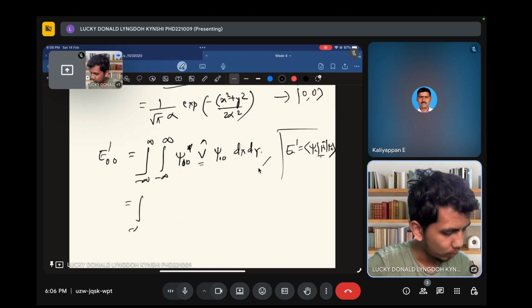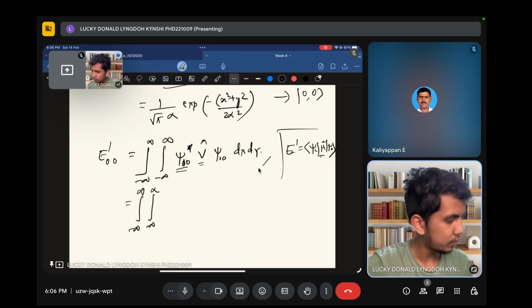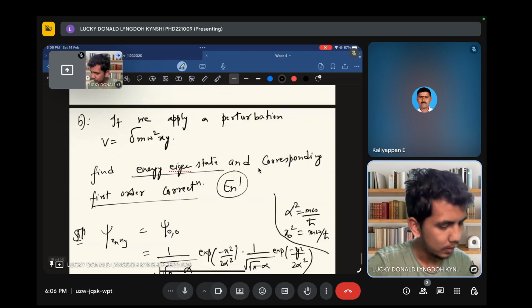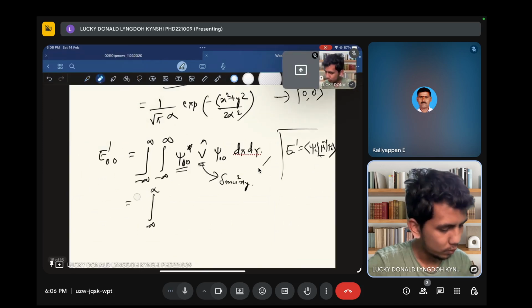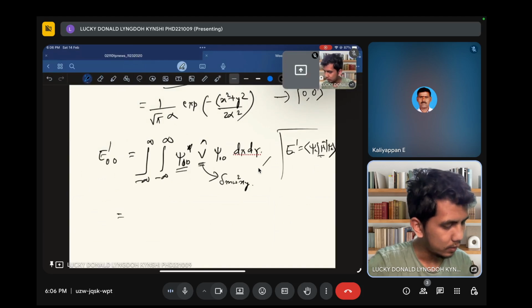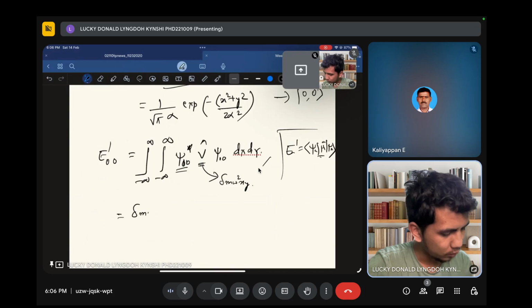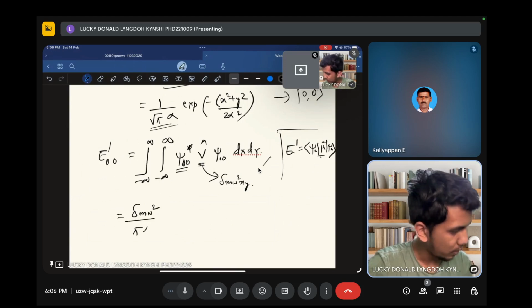What you have to do is integrate from minus infinity to plus infinity, you substitute psi 0 0, and V prime here is given as delta m omega square xy. Since this is delta m omega square xy, you can just take it out aside because they are all constants. m omega square divided by pi alpha square, and then minus infinity to plus infinity x, because x comes from here, e to the power minus x square by alpha square dx, and similarly minus infinity to plus infinity y, e to the power minus y square by alpha square dy.